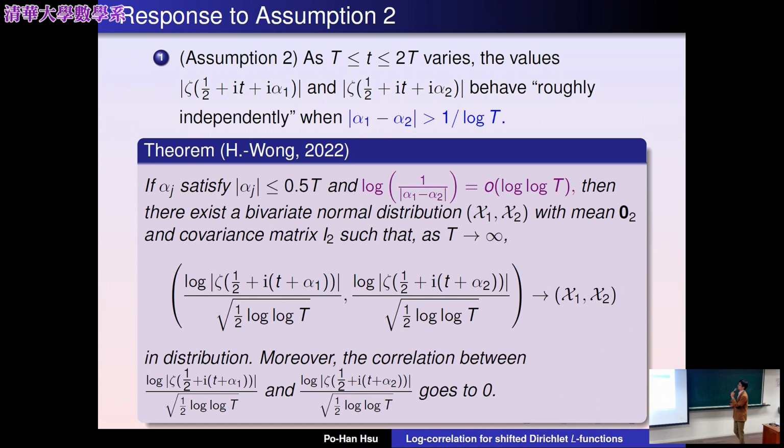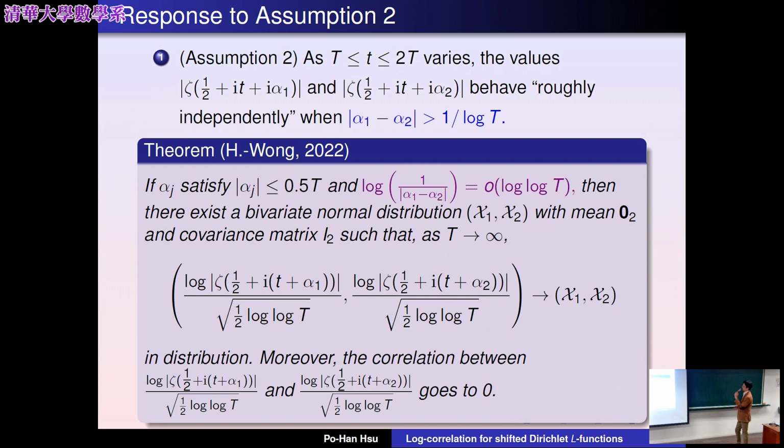This is the response to assumption 2. Assumption 2 says if the shifts are large, then they are independent. Okay. Now, what does that independent mean? That means you consider a pair of normal distributions, the so-called bivariate normal distribution. We can understand it as just a 2D normal distribution. And then you put your normalized Riemann zeta here.